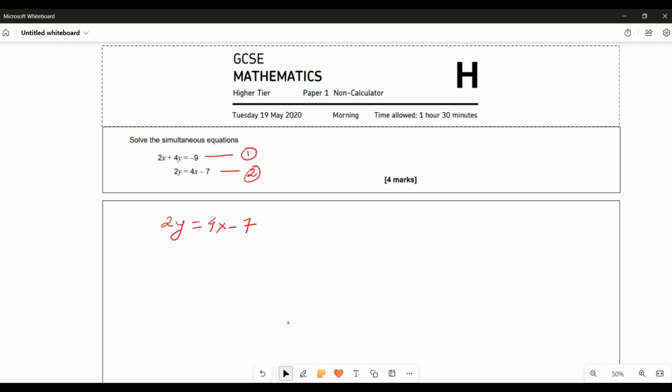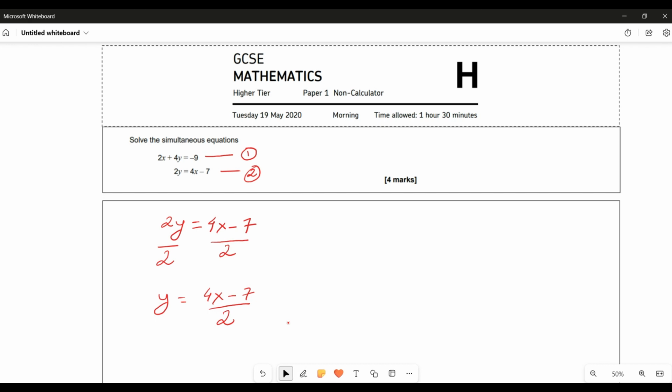To get rid of that 2, you simply divide both sides by 2, like this. If you divide both sides by 2, you are left with y equals (4x take away 7) whole divided by 2. So this is the value of y which you have got from equation 2.